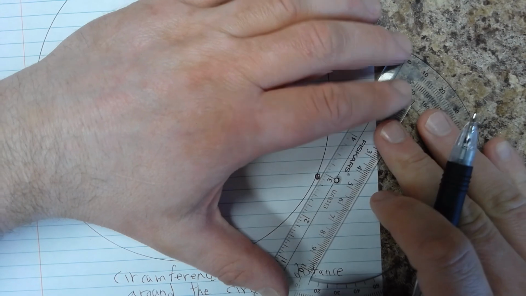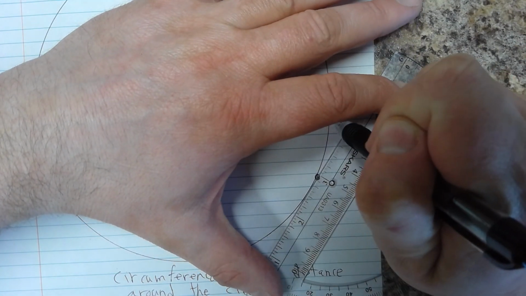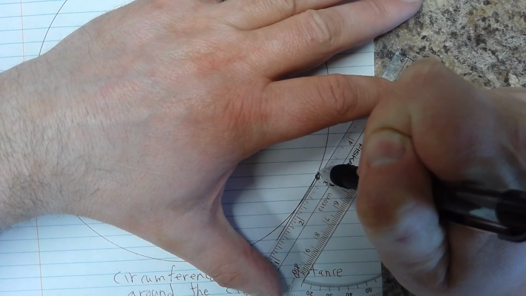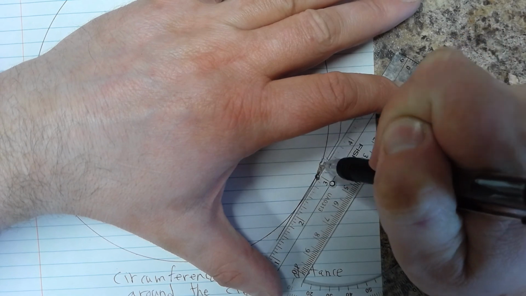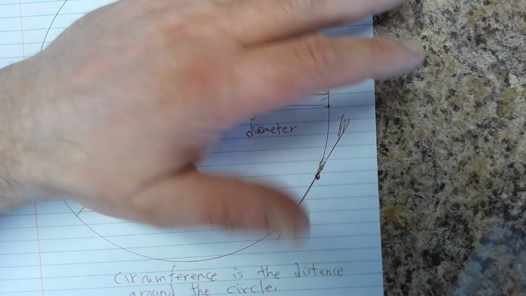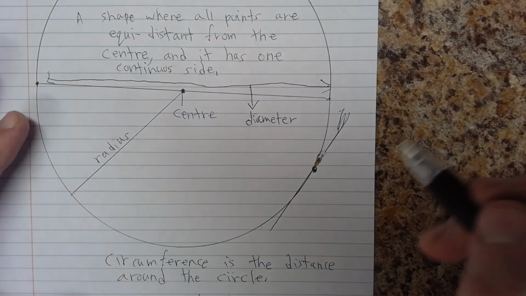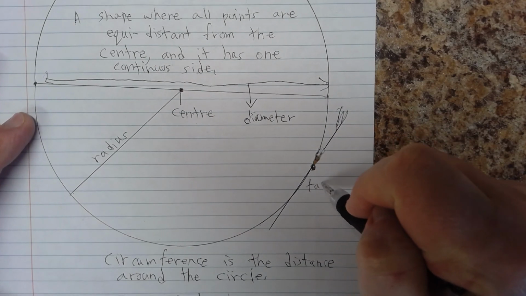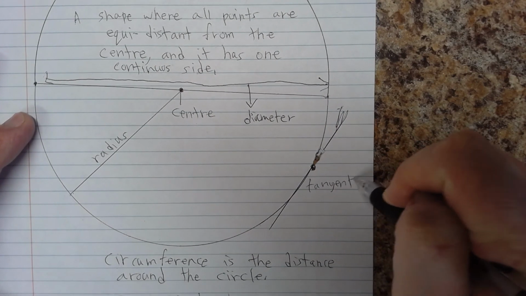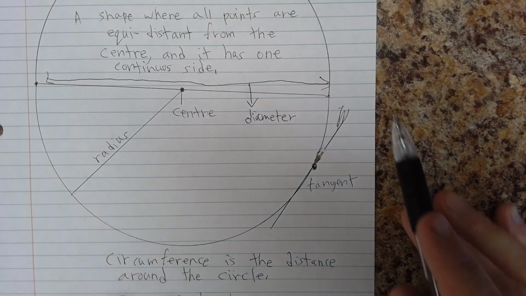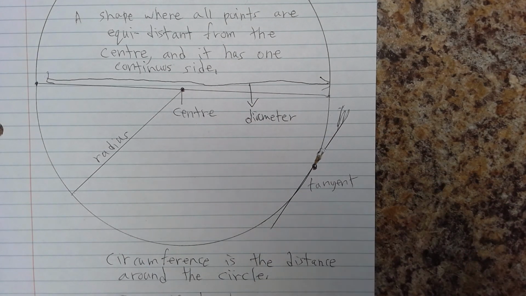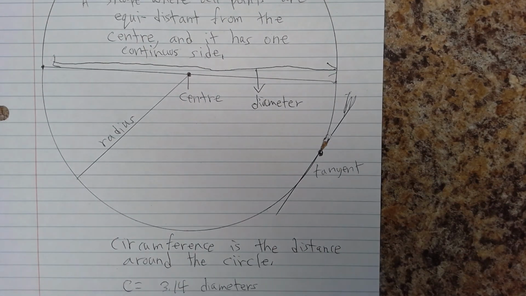I'm just going to use my protractor as a ruler. Page ripped. This is called a tangent. Where there's a point on the outside of a circle and there's a line that runs through that point, that's a tangent of a circle.